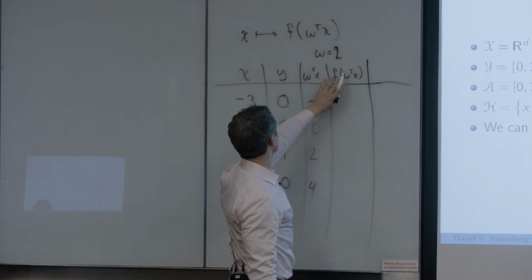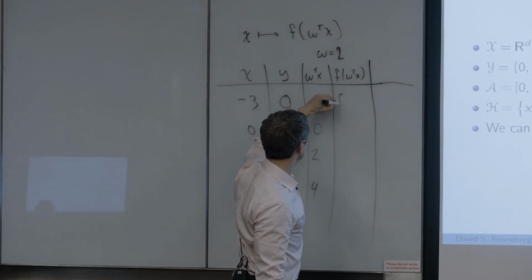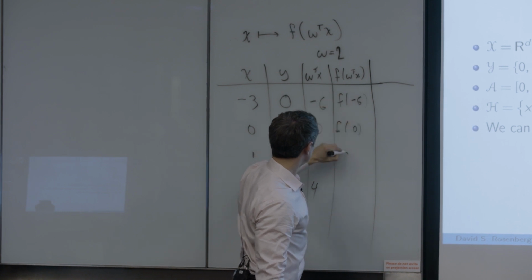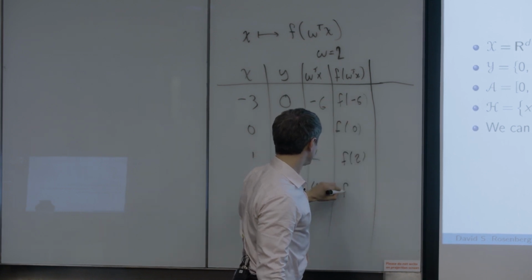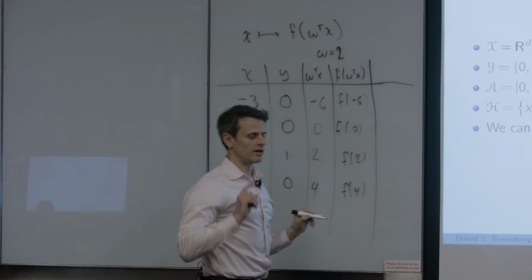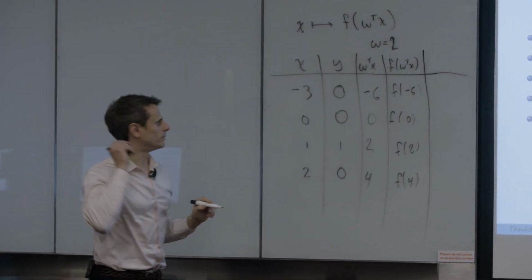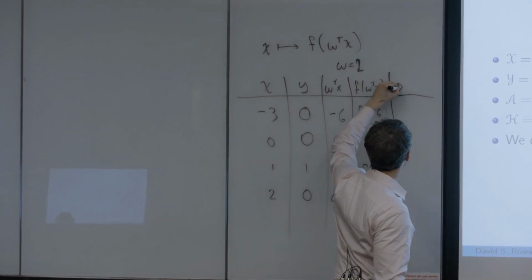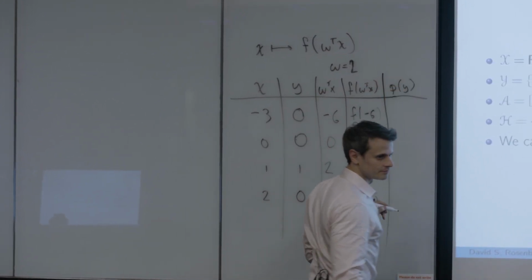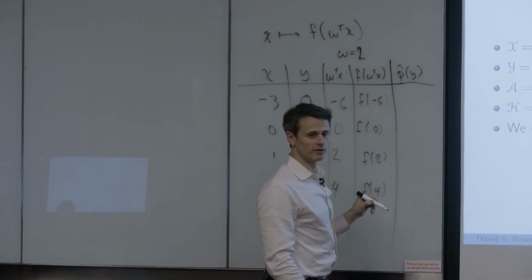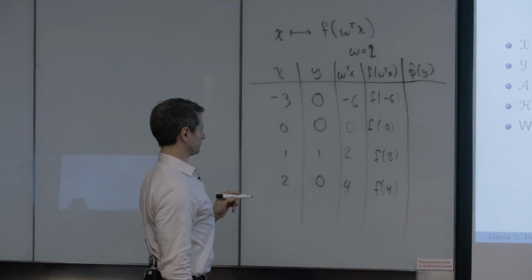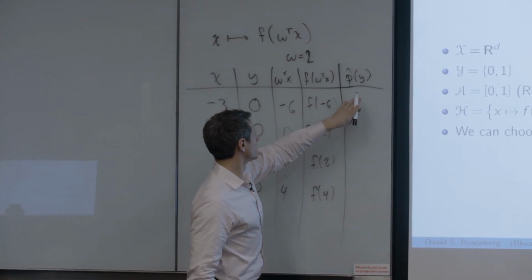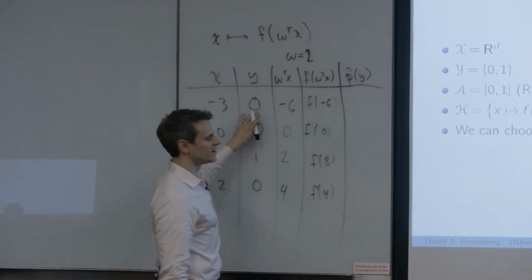So in this entry, f of w transpose x, that's going to be f of -6, f of 0, f of 2, f of 4. For likelihood, we need to determine the probability of y under the prediction. So I'm going to write p hat of y here, p hat for the predicted probability. How can I express p hat of y for y is 0?